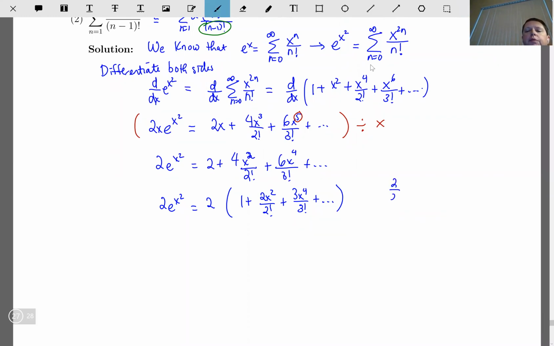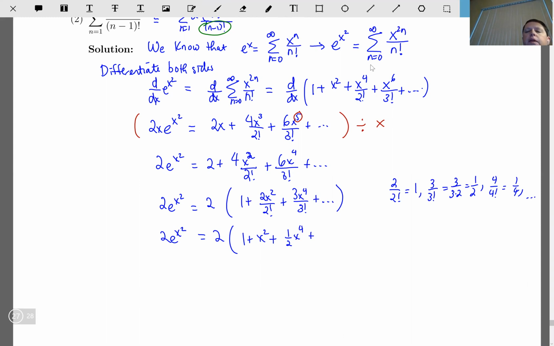Notice that 2 over 2 factorial is going to be 1. 3 over 3 factorial is 3 over 3 times 2, which is 1/2. 4 over 4 factorial is going to be 1/4, etc. And so what we see is that we have 2 e to the x squared equal to 2 times 1 plus x squared plus 1/2 x to the 4th plus, and if I kept going, I would have, can we just pretend that I wrote this correctly? 4 over 4 factorial would be 1 over 3 factorial, or 1/6, but we don't really care.